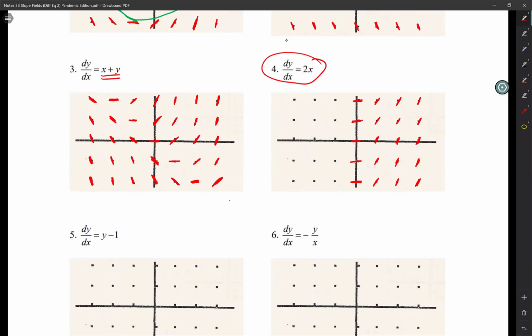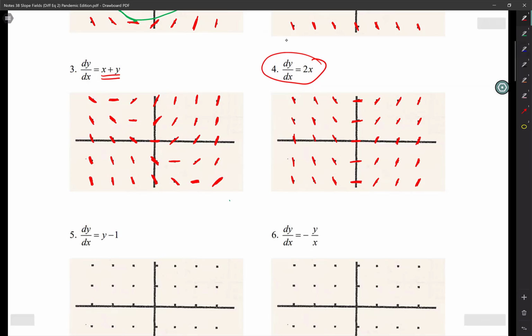Do the same thing on the left-hand side. -1, so slopes of -2, -2, -2, -2, -2, -2, -4, and then -6. Hopefully you can see that I have a whole bunch of family of parabolas.